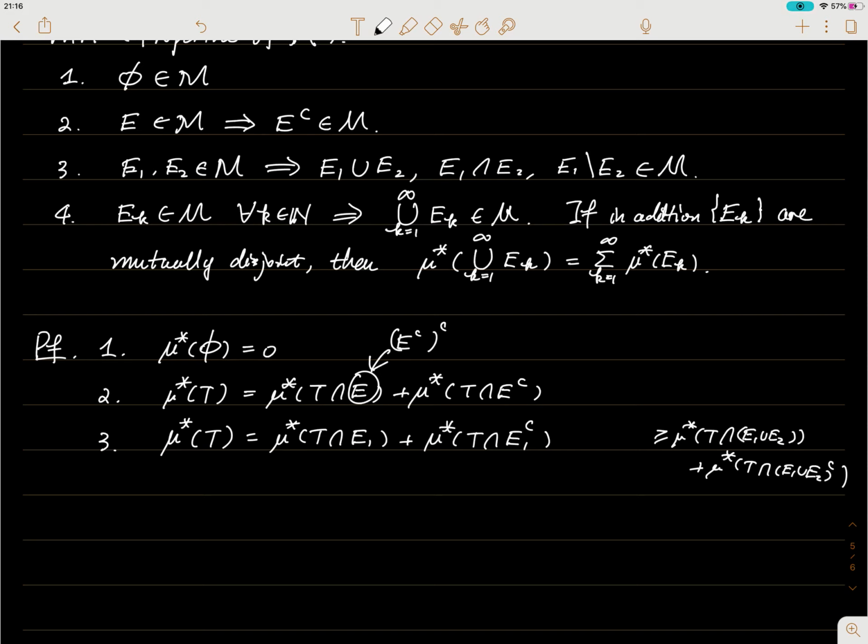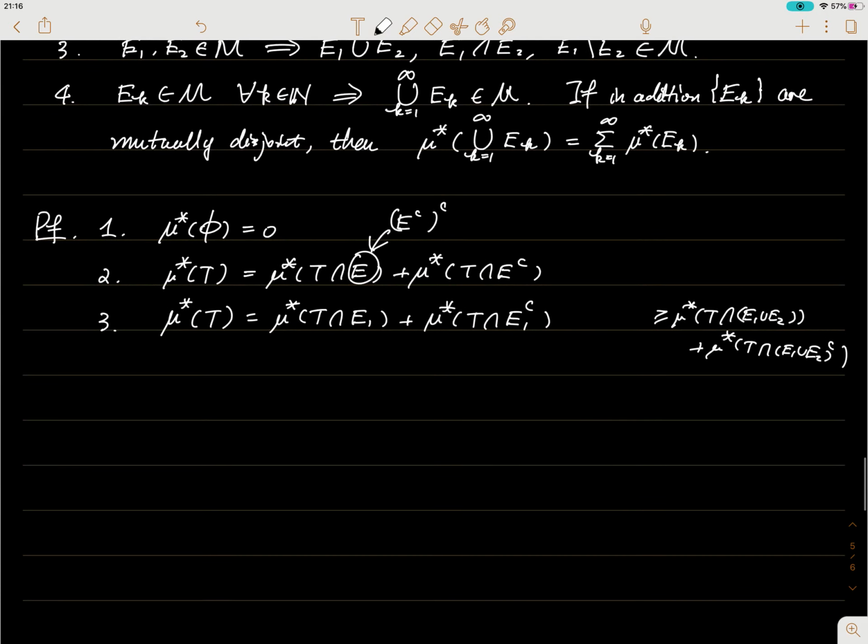Next, we can treat the intersection of T and E1 as a test set and decompose it using E2.